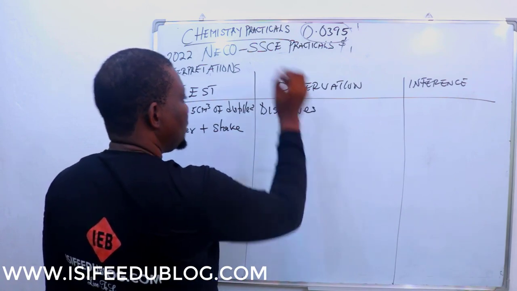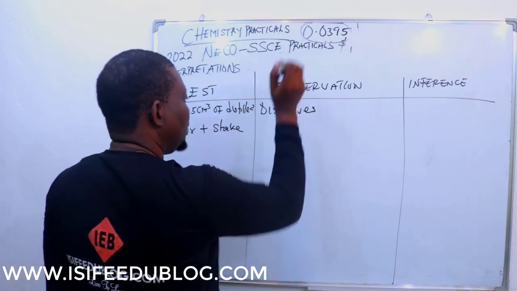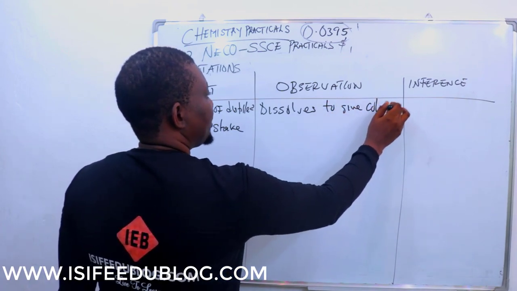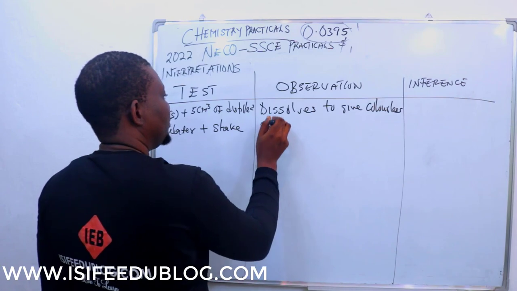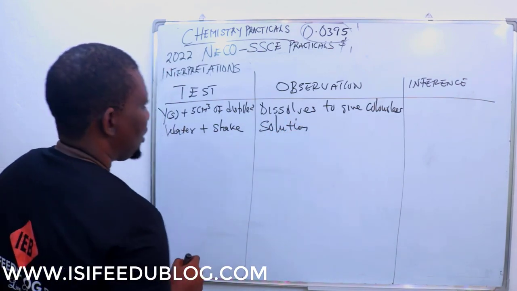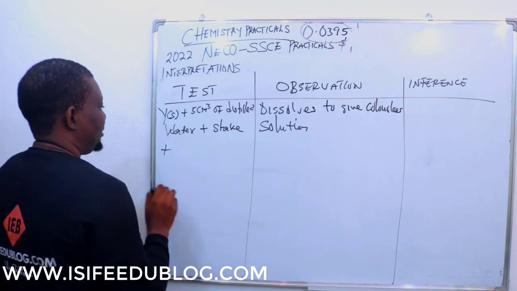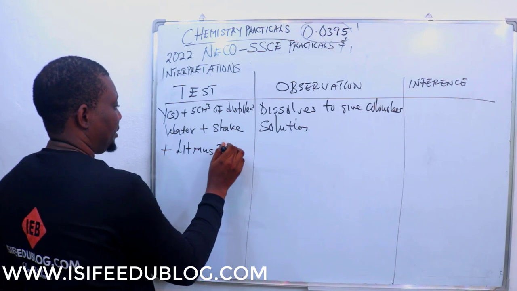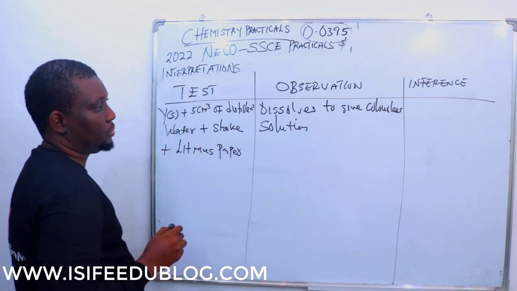Dissolves to give a colorless solution. Okay. And then when we add litmus paper to the resultant mixture.